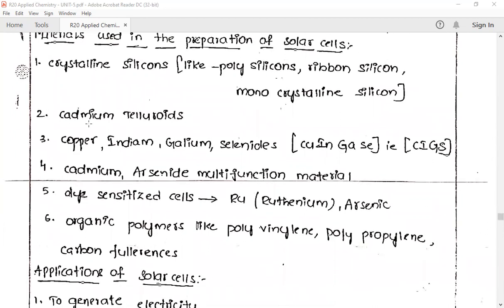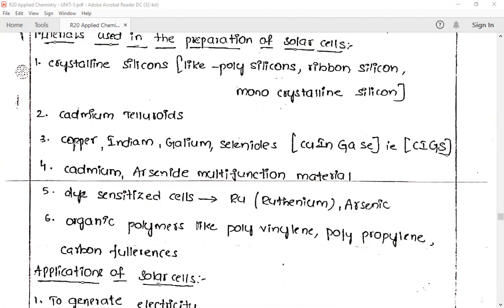The second material is cadmium telluride. This is one of the photovoltaic devices in the form of a thin film, which is used to absorb and convert sunlight into electricity.